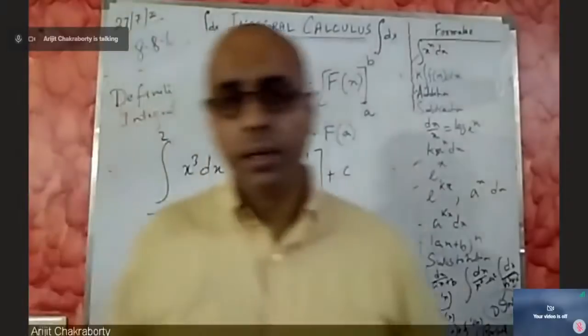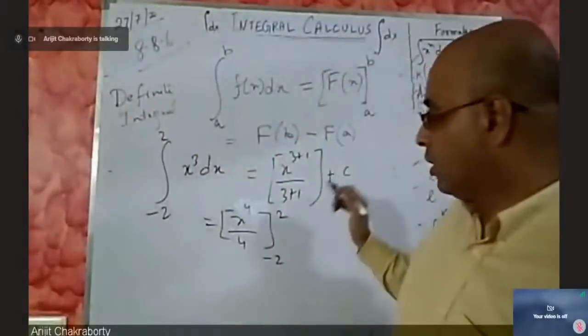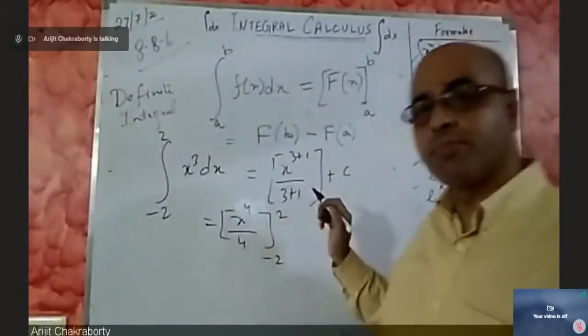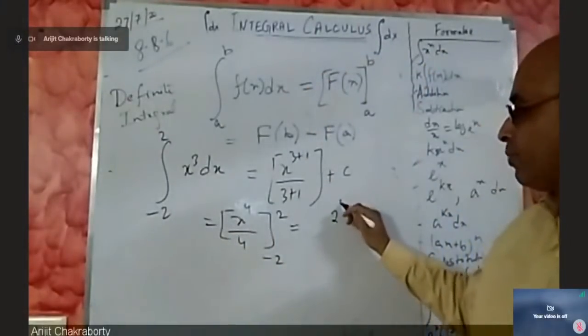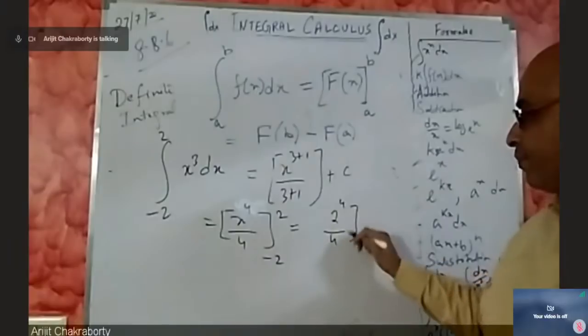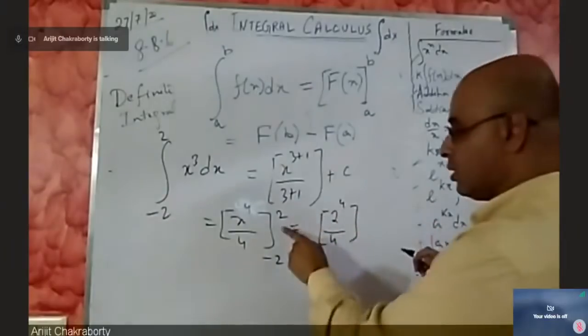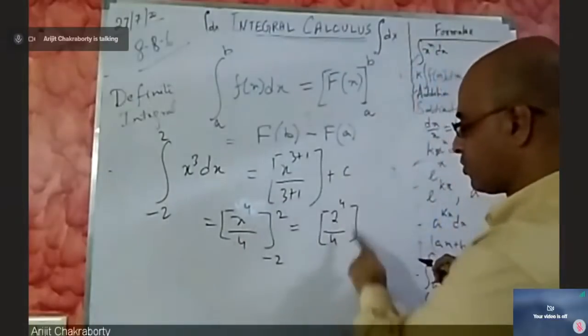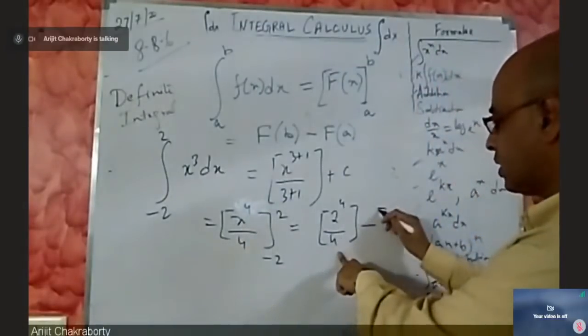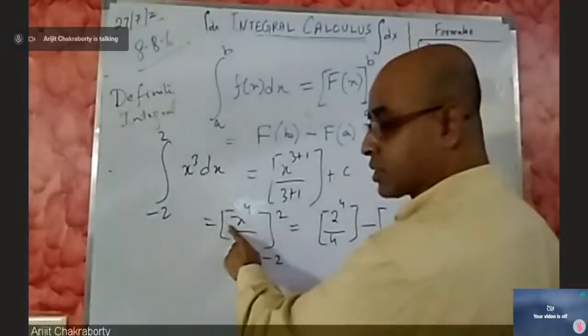Very simple. We put x equal to plus 2 first, so we get 2 to the power 4 by 4, minus, we take minus 2.